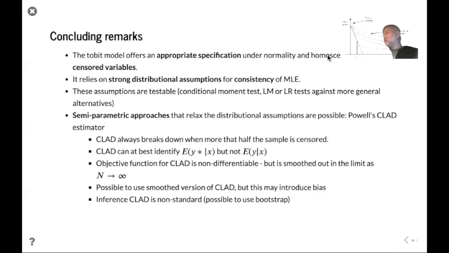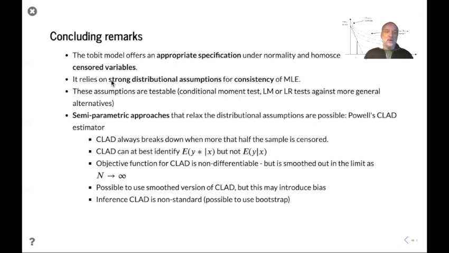These two assumptions, together with the fact that you assume this is the case for u conditional on x, imply complete independence between the explanatory variables and so on. You can then argue that these are pretty strong assumptions, and we've seen that just small changes to the underlying data generating process can really give biased results for Tobit.